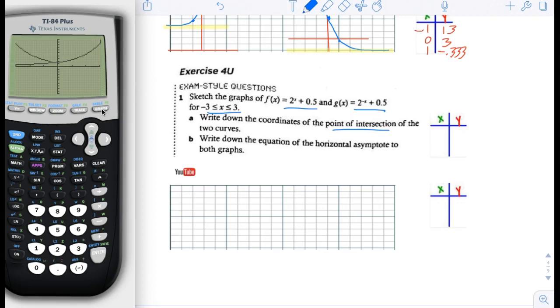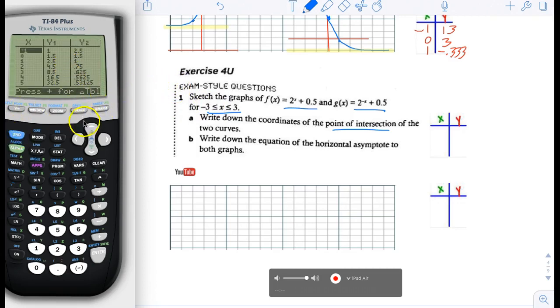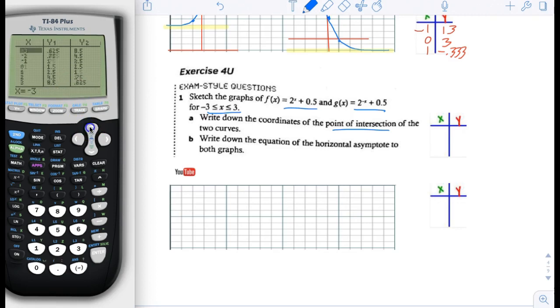We're getting a nice little picture here. Looks like a wine glass kind of, with the stand and a little bowl without a stem. So there's our graphs, and let's look at the table so that we can get some points for our tables here. Okay, so let's start with x equals -3. So -3, -2, -1, 0.